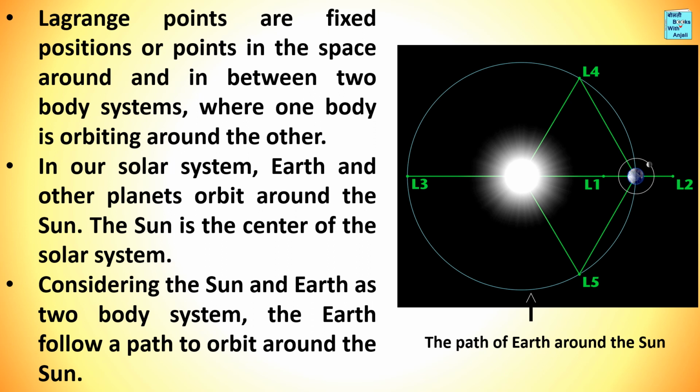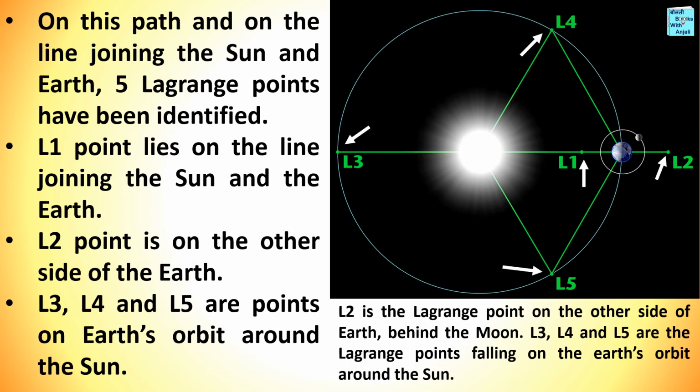This picture shows the path of Earth around the Sun and the 5 Lagrange points. On this path, on the line joining the Sun and Earth, 5 Lagrange points have been identified. L1 point lies on the line joining the Sun and the Earth. L2 point is on the other side of the Earth. L3, L4 and L5 are points on Earth's orbit around the Sun.